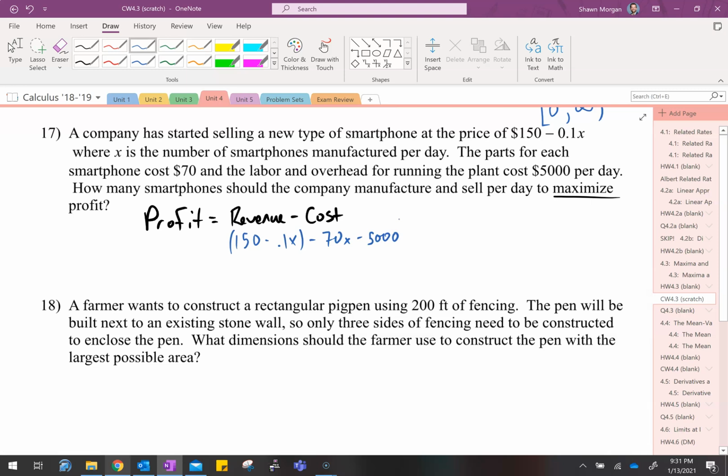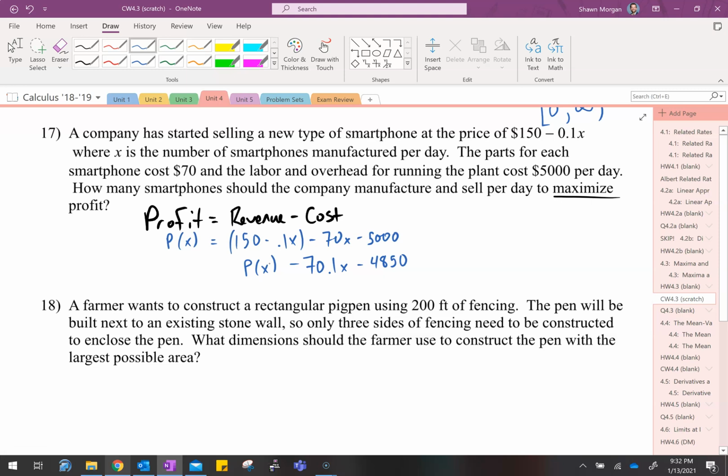Okay. So what we want to do is take the derivative of this function, but first simplify it. So P, our function of profit, let's see here if I can do this rapidly enough, negative 70.1x, and then minus 4850. That looks like a good profit function here. If I've combined my like terms like I think I should have, negative 70.1, and y'all can double check me.